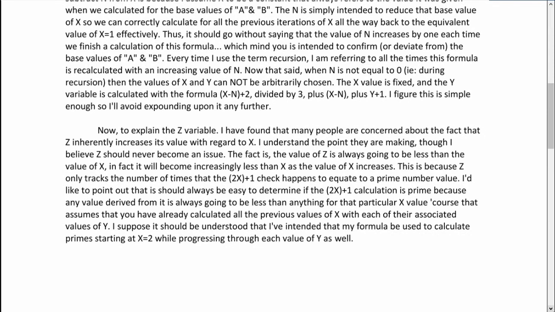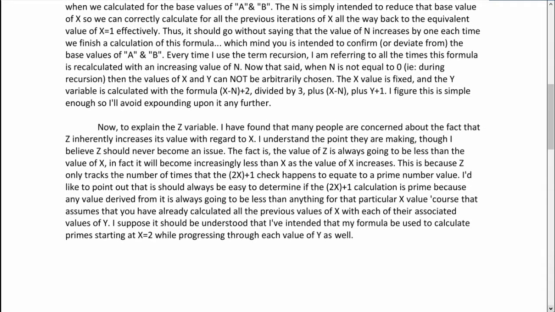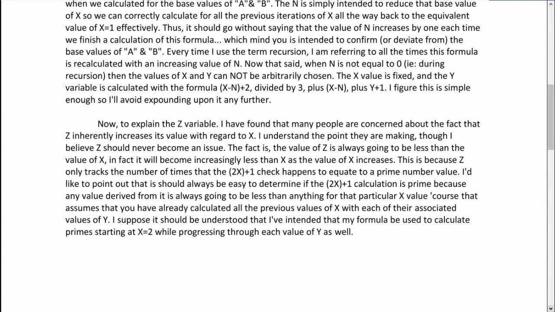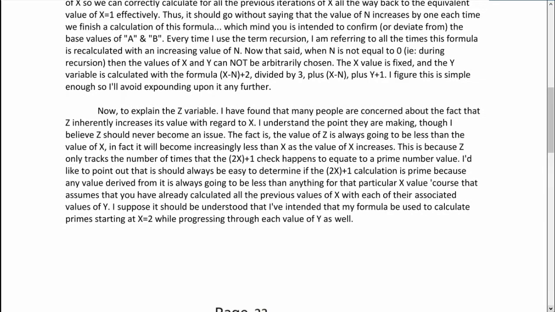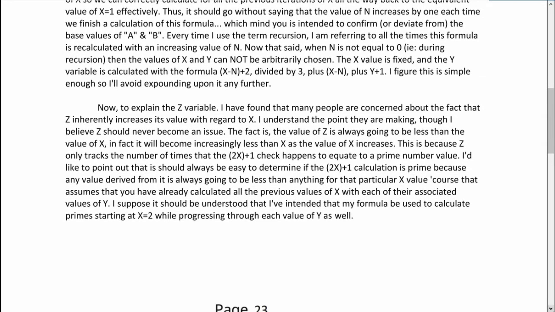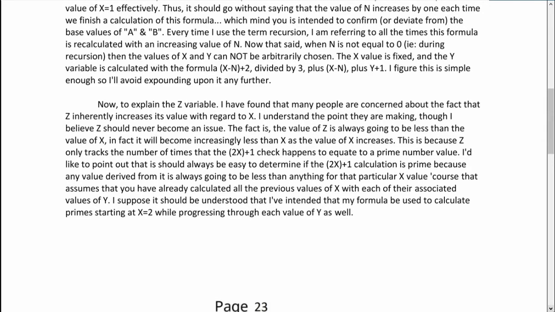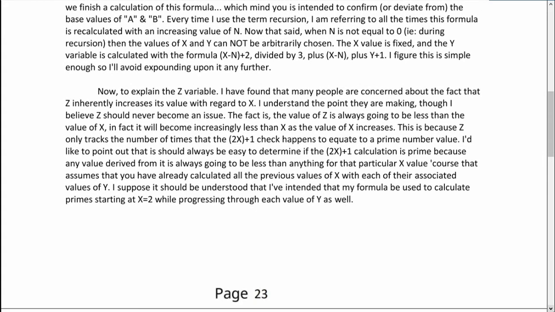Now that said, when n is not equal to 0, i.e. during recursion, then the values of x and y cannot be arbitrarily chosen. The x value is fixed and the y variable is calculated with the formula (x minus n plus 2) divided by 3, plus x minus n plus y plus 1. I figure this is simple enough so I'll avoid expounding upon it any further.